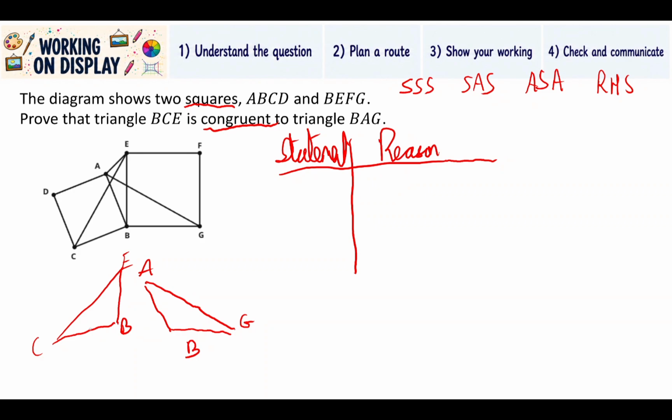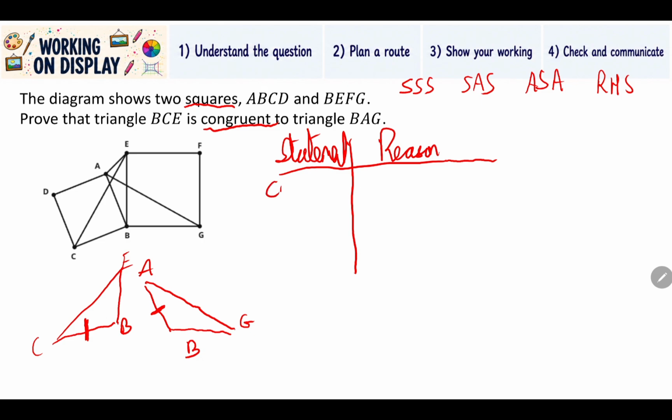Well, look at the square ABCD. Notice that BC length is part of one of our triangles. We can label that on our unlabeled triangles below. So that BC length is on a square with AB. So the BC length on this first triangle is equal to the AB length there. Let's write that down.